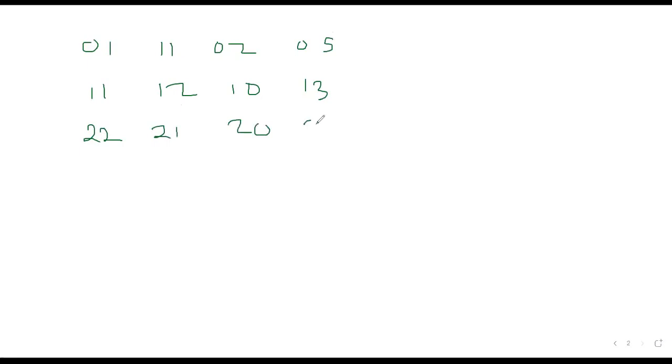So we could have 0, 1, 11, 0, 2, 0, 5, 11, 12, 10, 13, 22, 1, 20, 26, 34, 30, 30, 45.